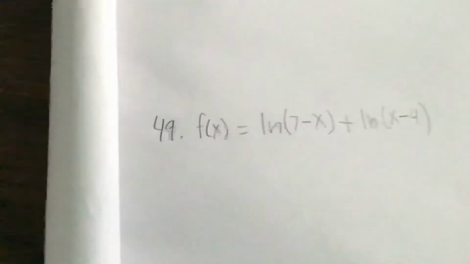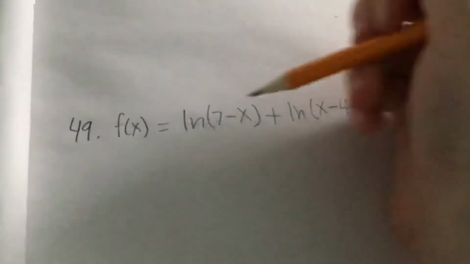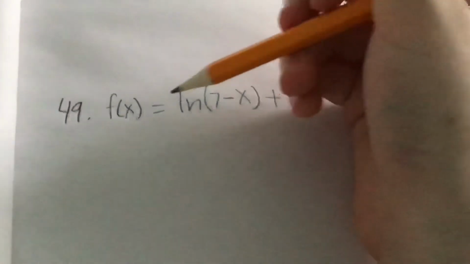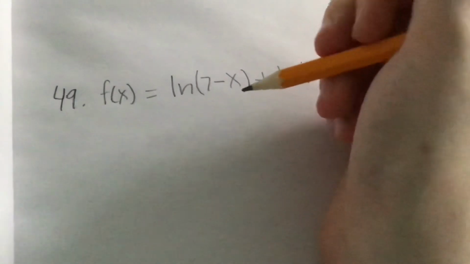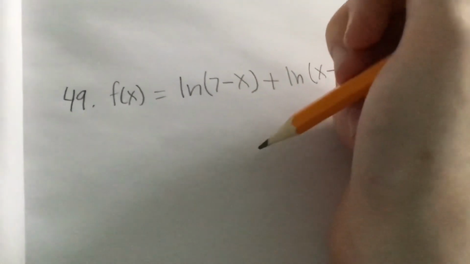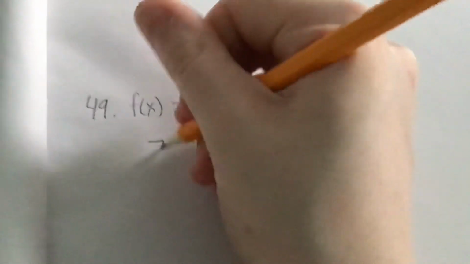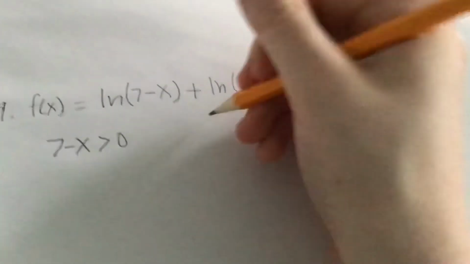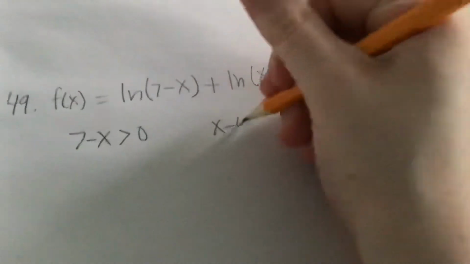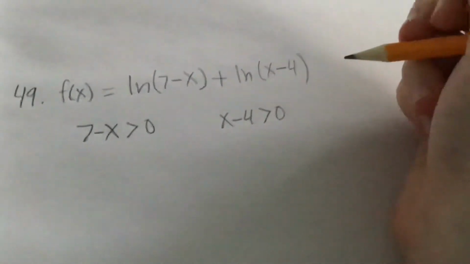Anyway, now to 49, the last problem of the day. Yay. So, yeah, it's a natural logarithm, and this one is super easy. So we're going to say 7 minus x is greater than 0. And we're also going to say x minus 4 is greater than 0.